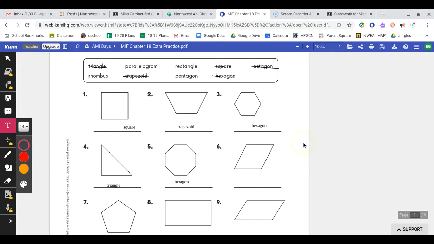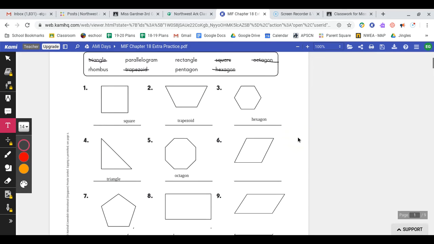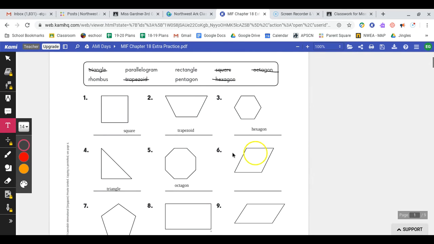Now, technically, there are 2 names that would work for this shape. Rhombus, parallelogram, rectangle, pentagon. So technically, either of these names will work, rhombus or parallelogram, because it does have 2 sets of parallel lines.